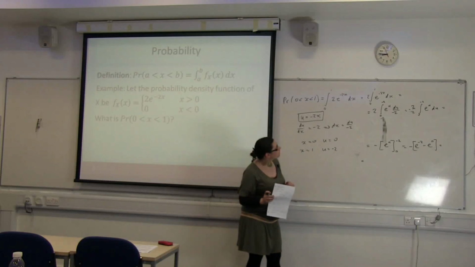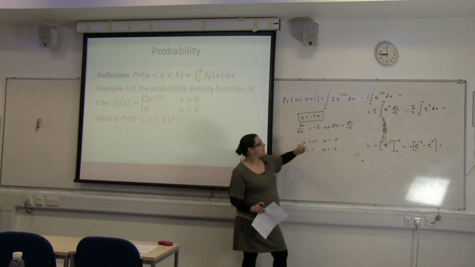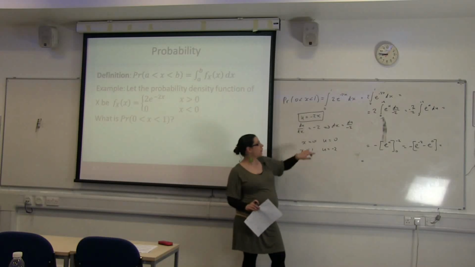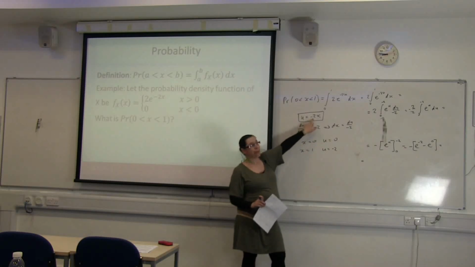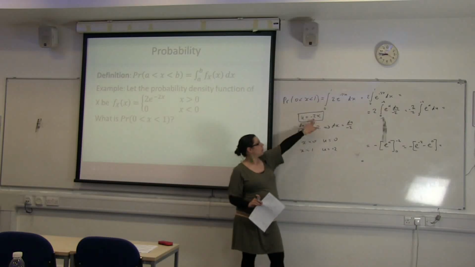Yes, they have to, because that's what the algebra tells us. Look, the u has now become negative, so the limits kind of switched around. But if it wasn't negative, it wouldn't be.